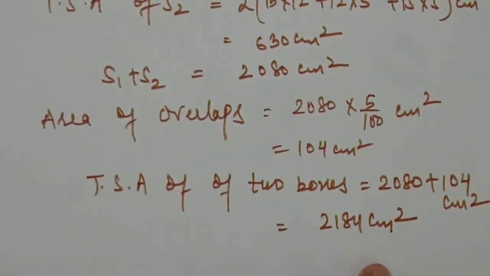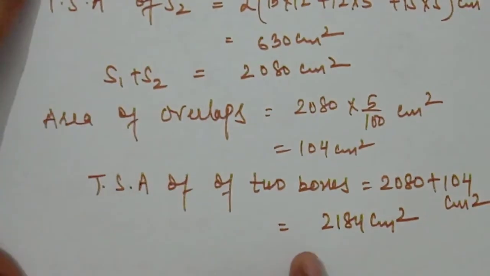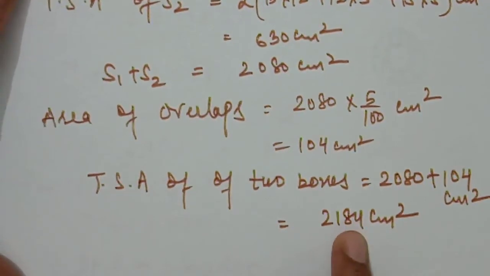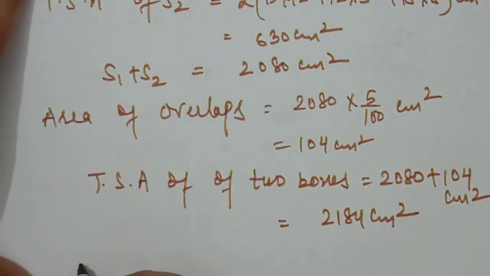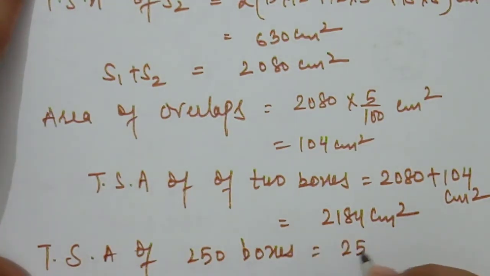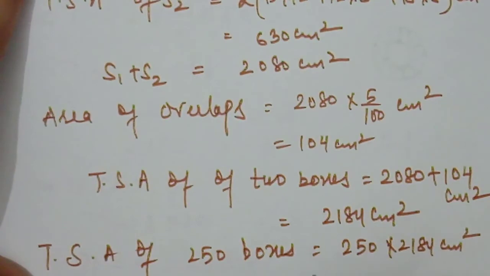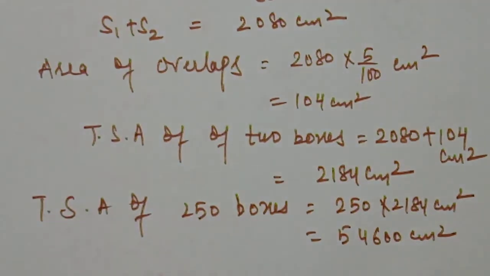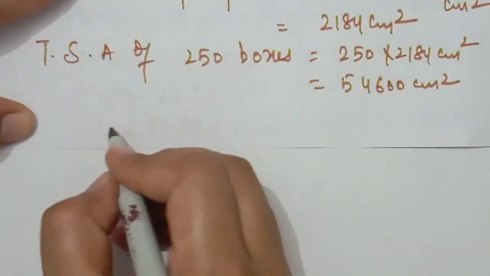Now we need 250 boxes of each kind, and the sum of the areas of both is this. So the total surface area of 250 boxes is 250 multiplied by 2184 centimeter square, which is 54600 centimeter square. Correct?